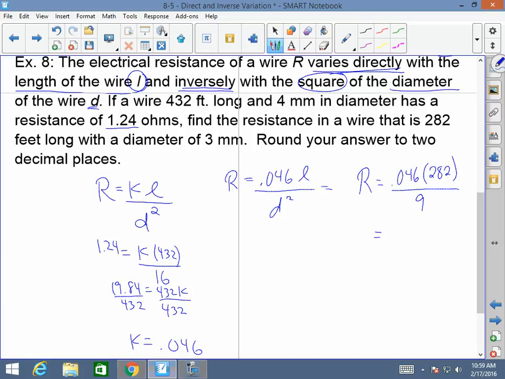Now it's just math. So you got 0.046 times 282 divided by 9. My resistance will equal 1.44 ohms. How do you know ohms? Because I read. And that's that.